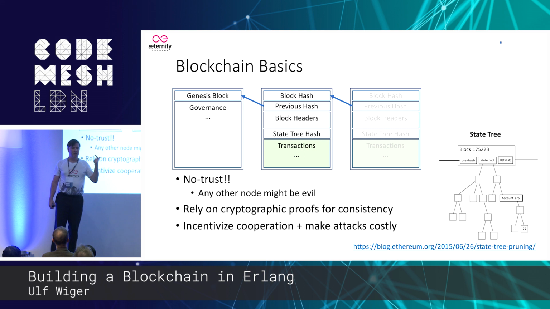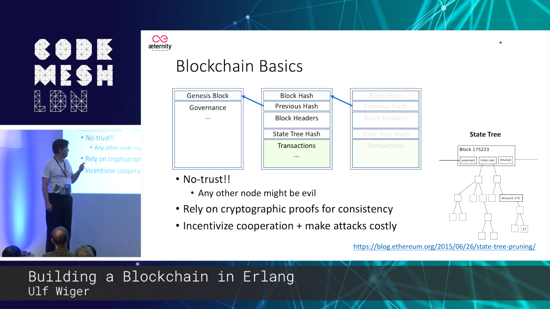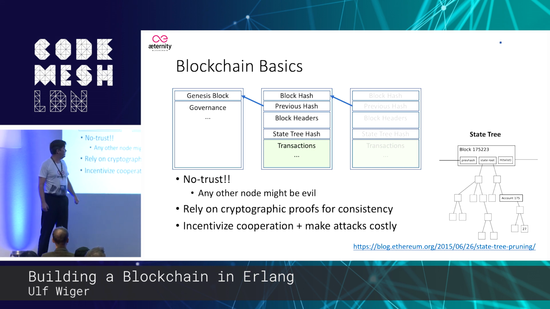Now, there are essentially two major blockchain systems. One is Bitcoin, which is, of course, very famous because everyone who wants to make high-risk investments is following the Bitcoin rate, which I am not because I lost the key to my Bitcoin wallet.